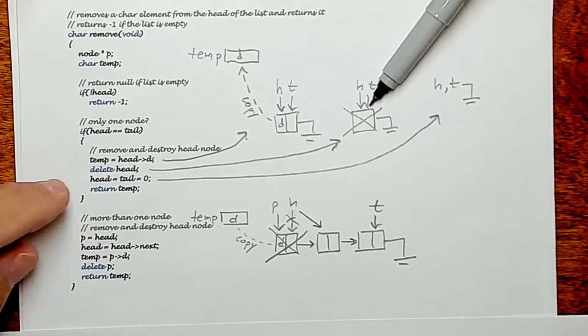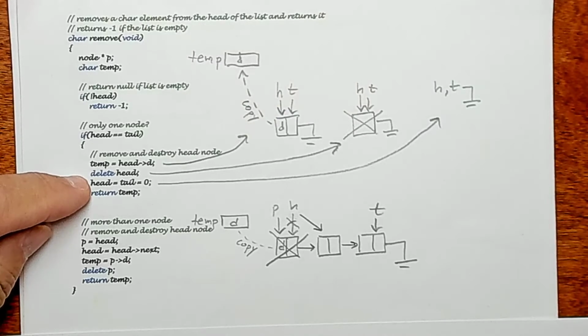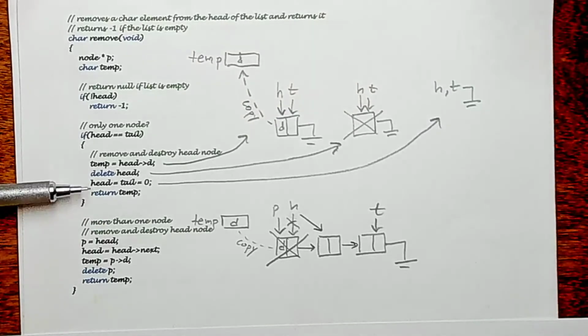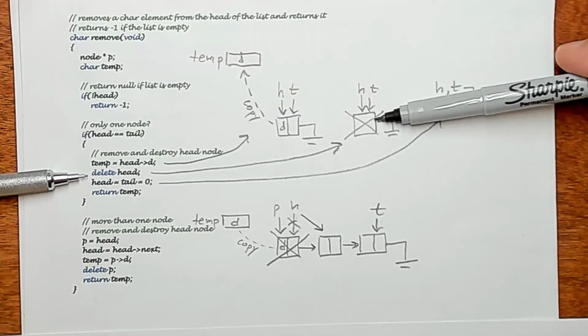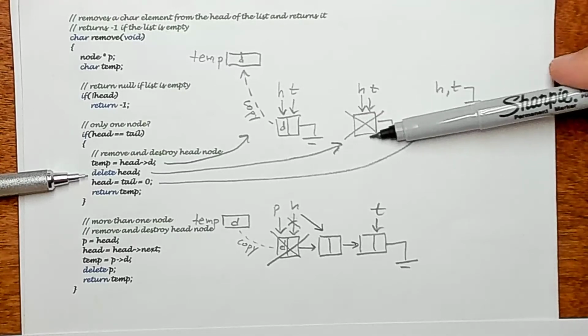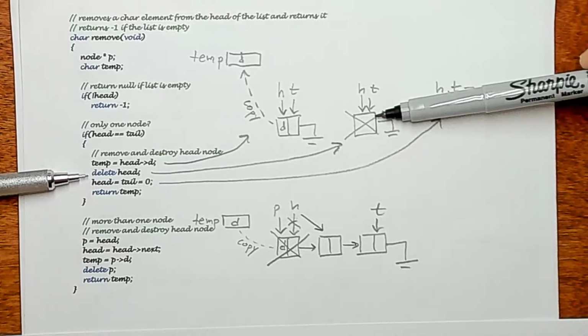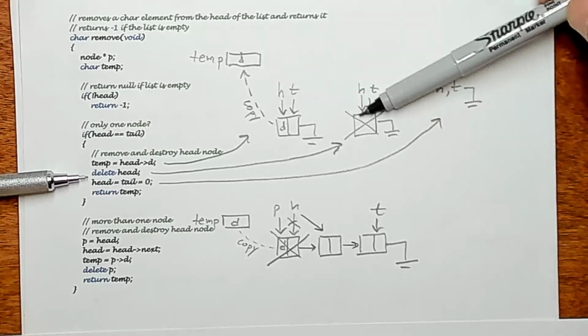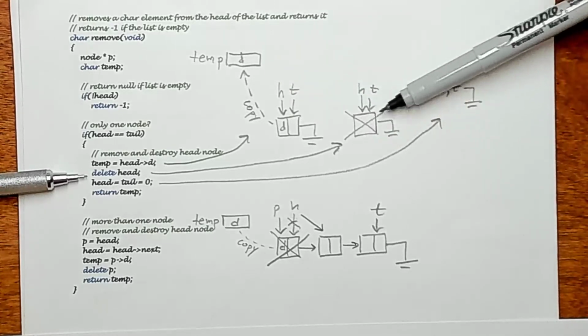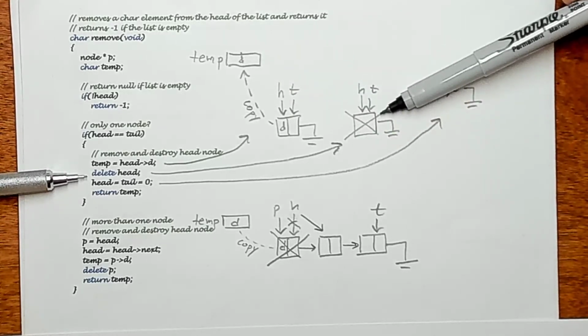Then you need to call this delete function in C++, which deallocates the memory that you, you know, when you created this node way back in append, you used new to create this node. You need to delete it. That's why we had to store this D in here, because we're deleting this, and otherwise we would lose the data that's in there.